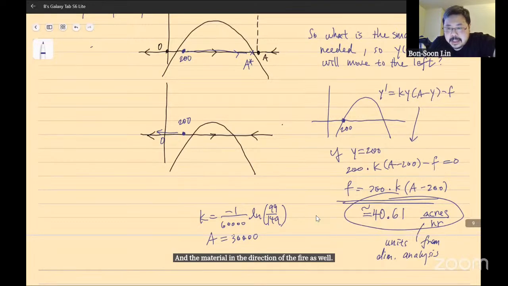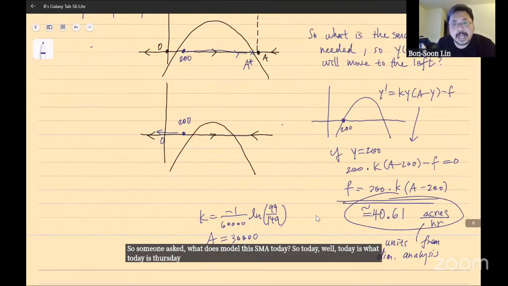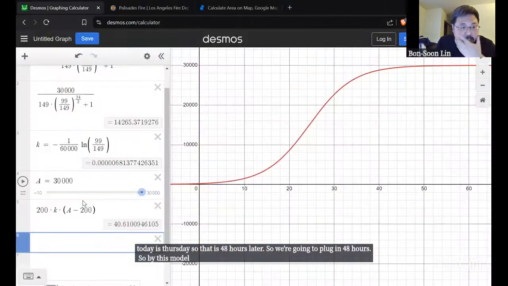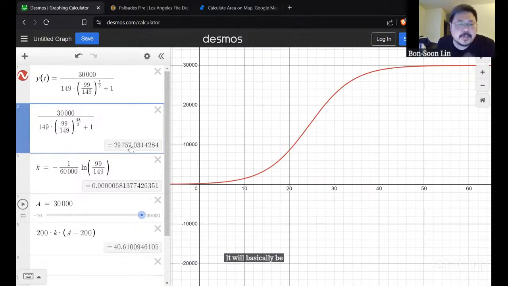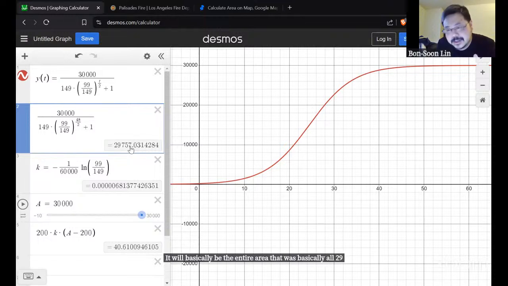Exactly. So someone asked, what does this model estimate today? Today is Thursday, so that is 48 hours later. So we have to plug in 48 hours. I'm going to change this 24 to 48. It will basically be the entire area, all 29,000, basically 30,000.